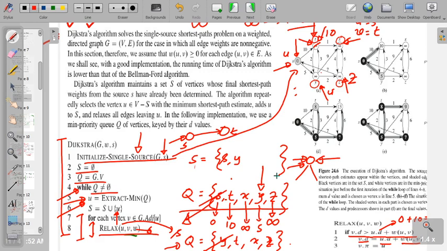Why is Y taken in the first place? We are maintaining what?